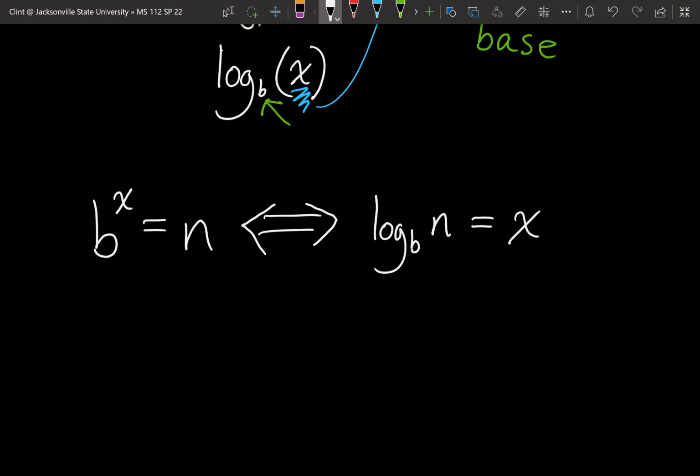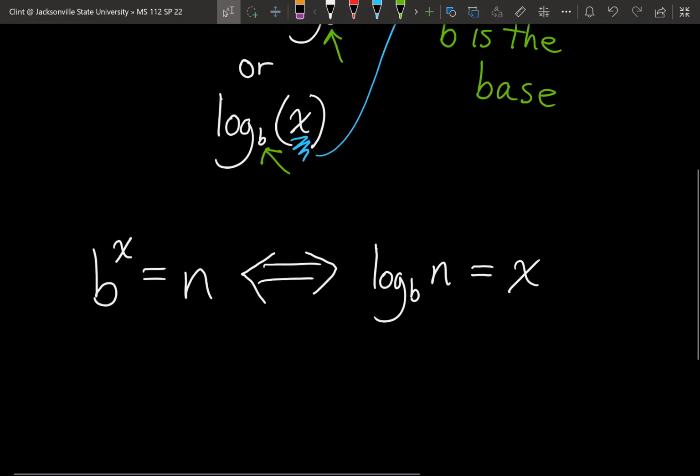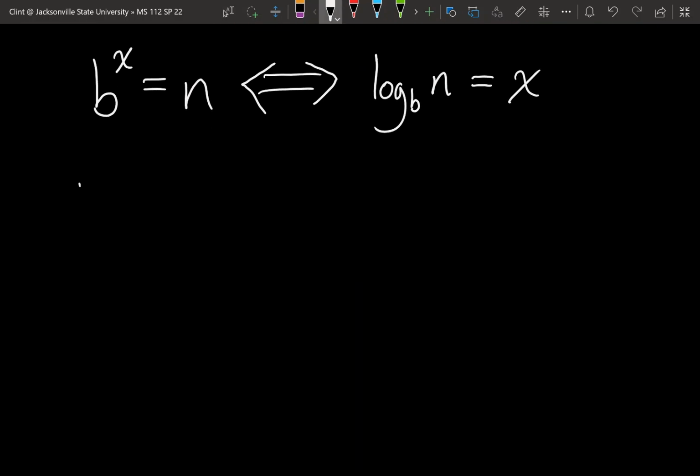This one is in exponential form because we're writing it as an exponent. The other one is in logarithm form because we're writing it as a logarithm. So as a function, if we have f of x equals log base b of x, if we're trying to figure out what number we would get as our answer, if we're trying to evaluate it at some functional value.